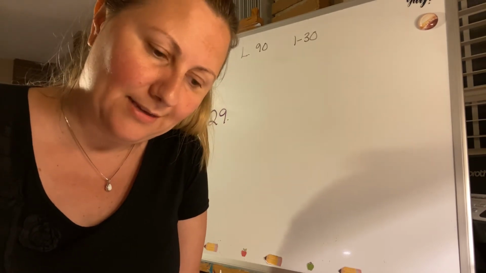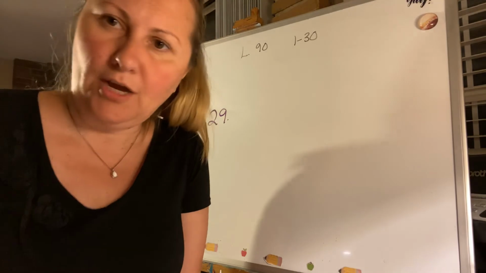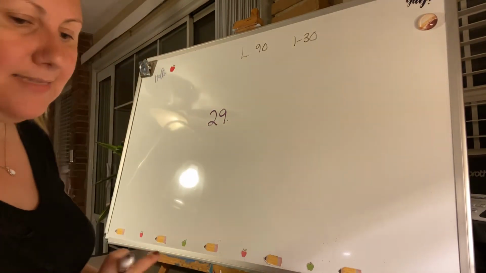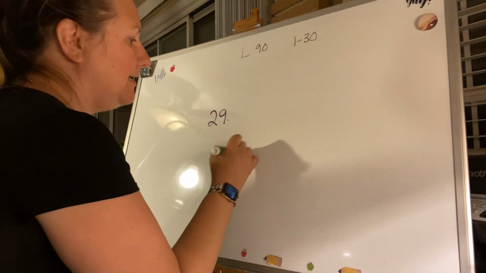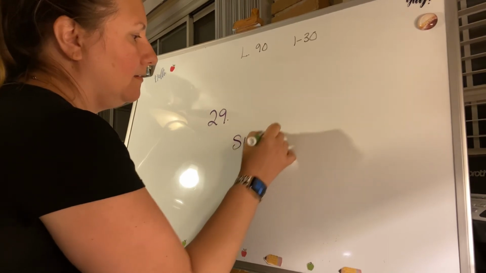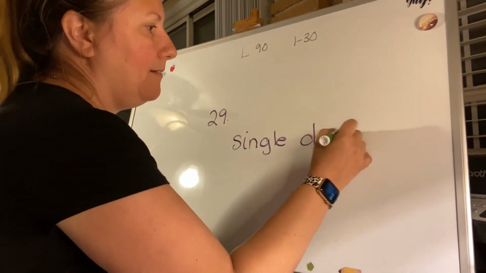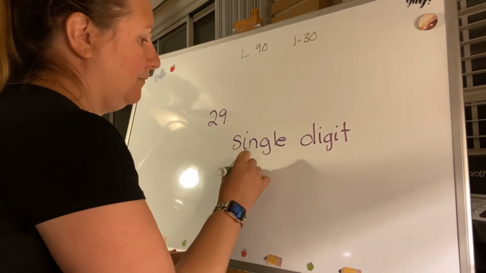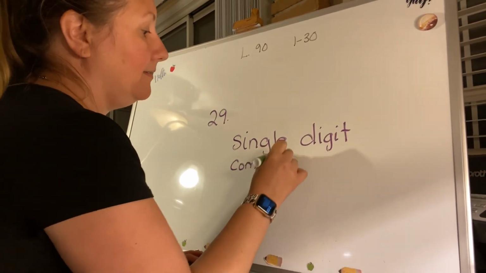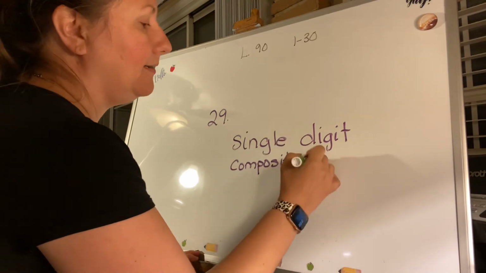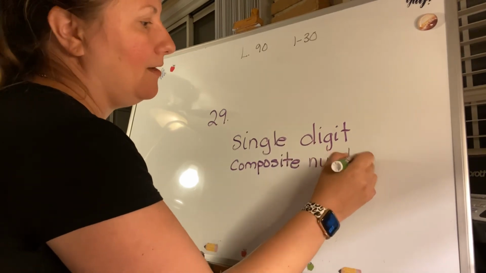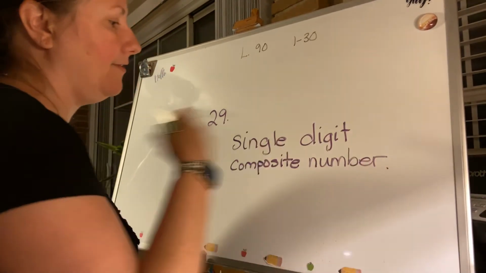How old is Arthur? So if it's not a prime number, it needs to be a single-digit composite number. Sounds like a pretty smart kid. So he's probably not a 1 or 2-year-old or anything, right?